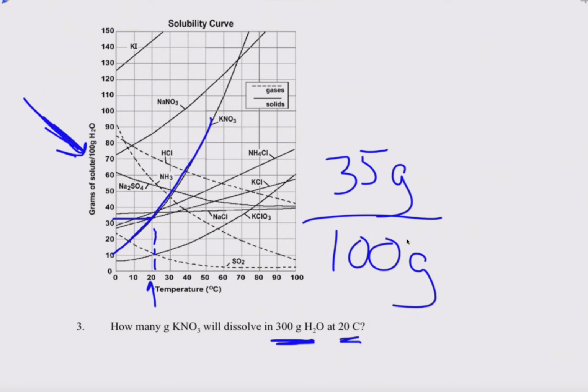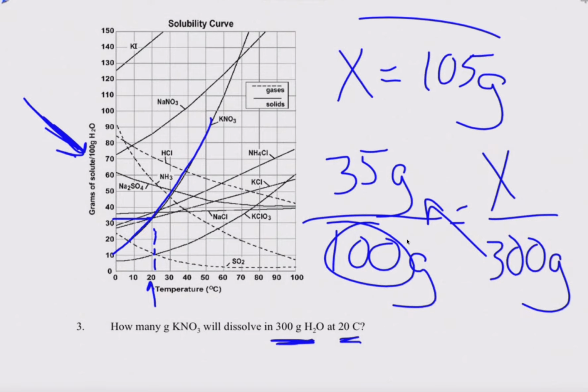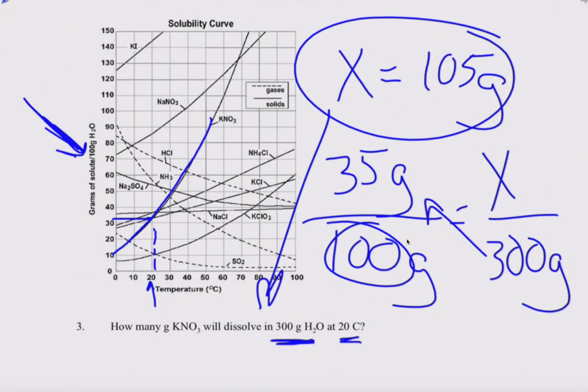It's based on 100 grams. So if you wanted to set it up as a proportion, you could say, all right, if I had 300 grams, how much potassium nitrate could I do? Well, that works out to 300 times 35, divided by 100, which works out to 35 times 3. So the number of grams I could have would be 105. 35 times 3 grams. So that's the answer to that one.